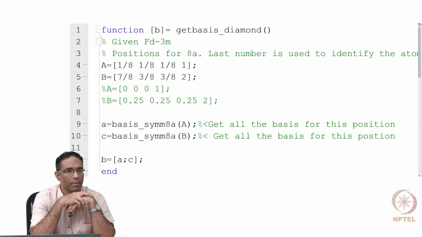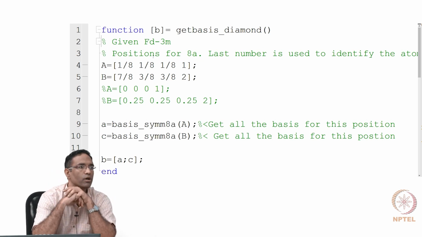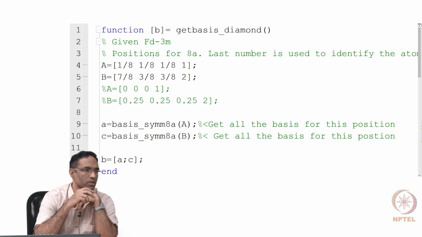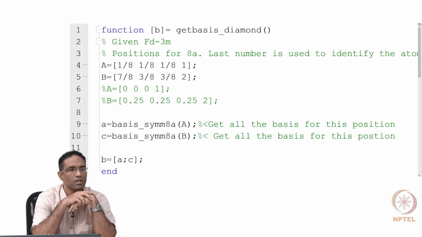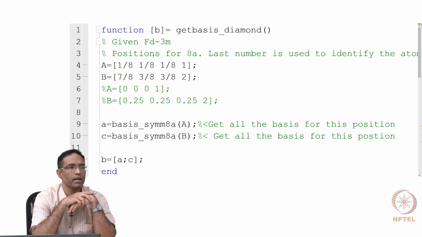But the manner in which we have been doing this class, we first need to know the corresponding space group and the corresponding Wyckoff position to which the carbon atom is going to be located in the diamond structure. So that will be given to us. Like I told you, that is going to be given to us. For the diamond carbon, the carbon is present at position 8A and it has the space group FD3 bar M.